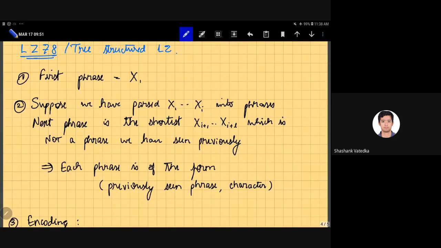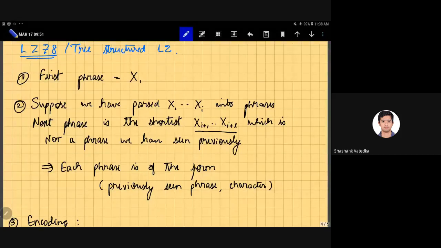The first phrase is still the first symbol x1. Now suppose that we have already parsed x1 through xi into phrases. The next phrase is going to be the shortest phrase which has not been seen before. So it's the shortest subsequence x_{i+1} through x_{i+l} which is not already a phrase.